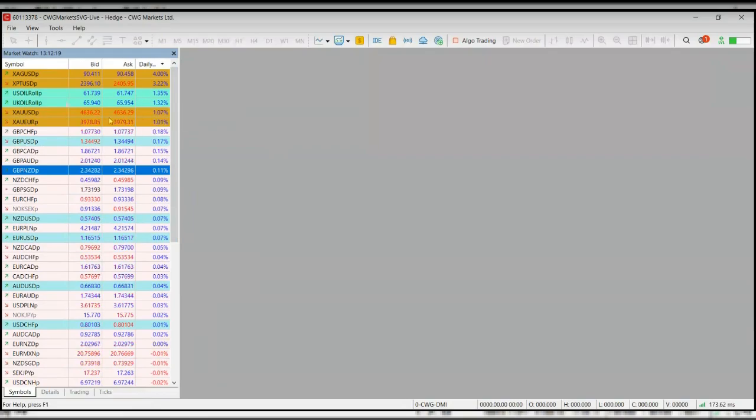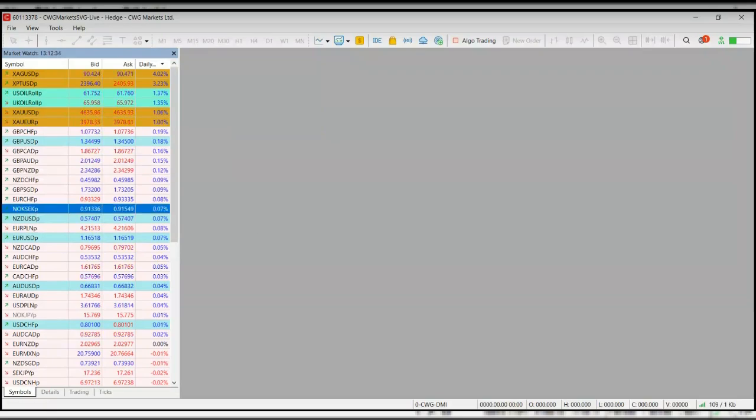Obviously, we've got our commodities such as platinum, silver, oil, as well as gold, which are making some of the biggest moves for the day today. So these are the symbols we'll look at in terms of where the market is setting up.